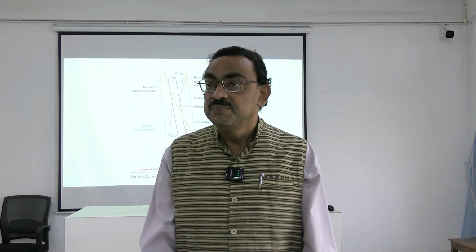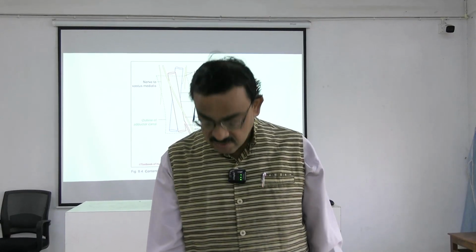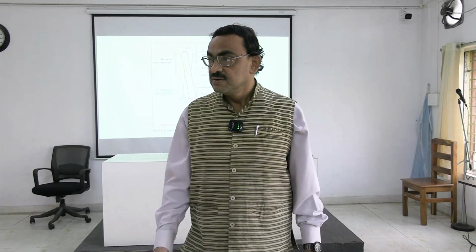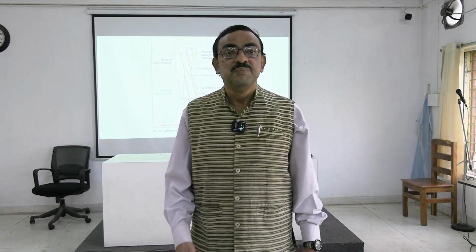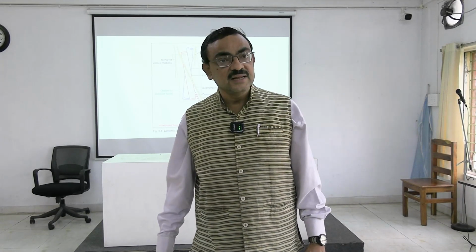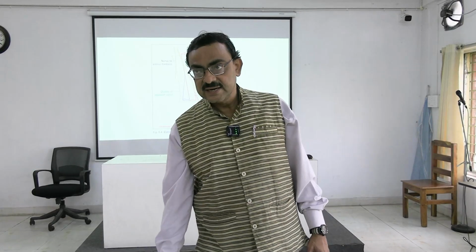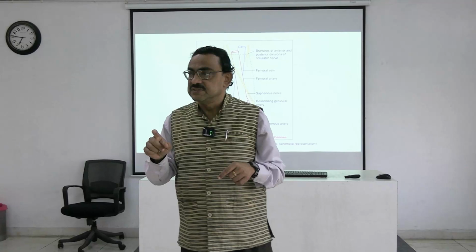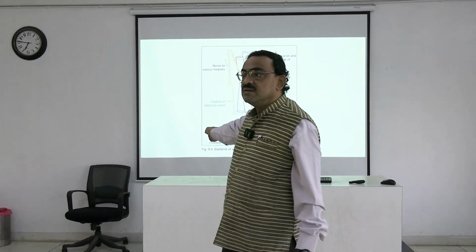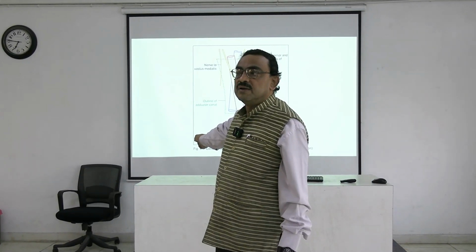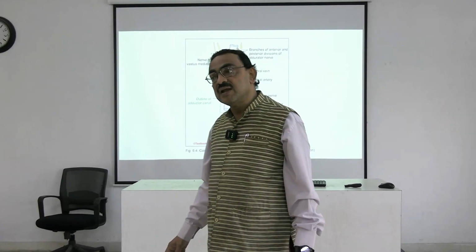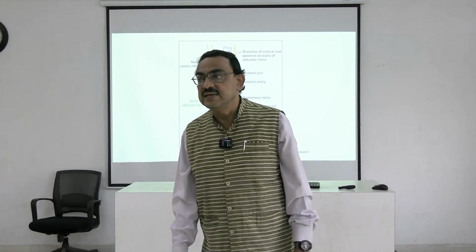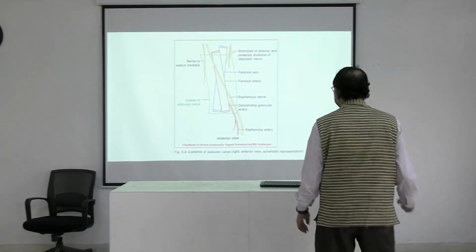There are several arteries: medial superior genicular, medial inferior genicular, lateral superior genicular, lateral inferior genicular. There is an arterial anastomosis, so it will contribute to that genicular anastomosis. So, this is the last branch from the femoral artery.